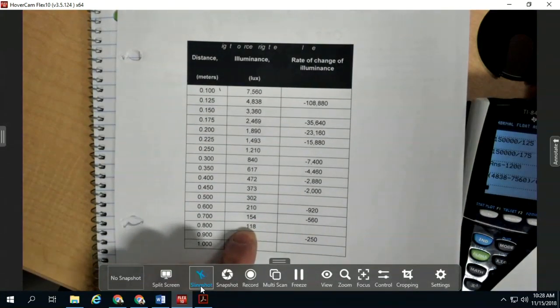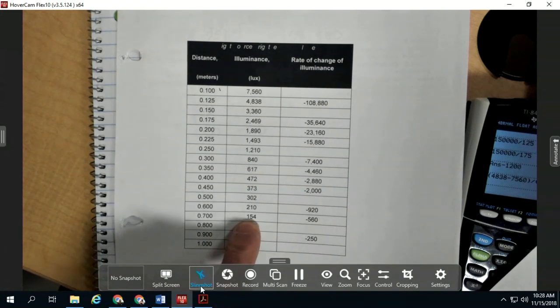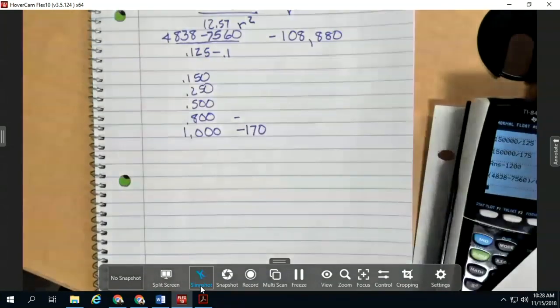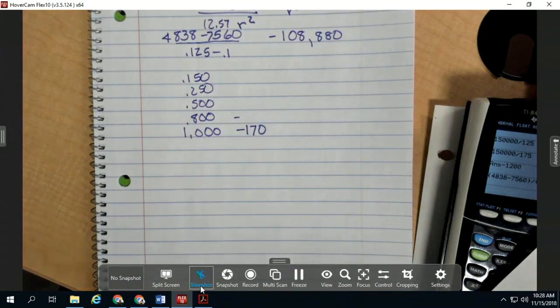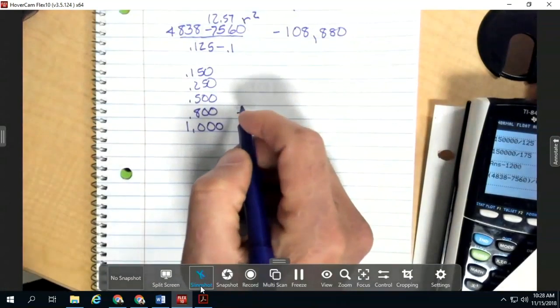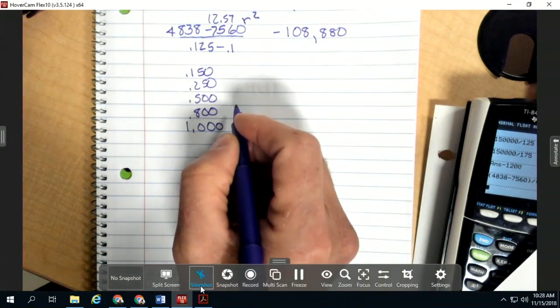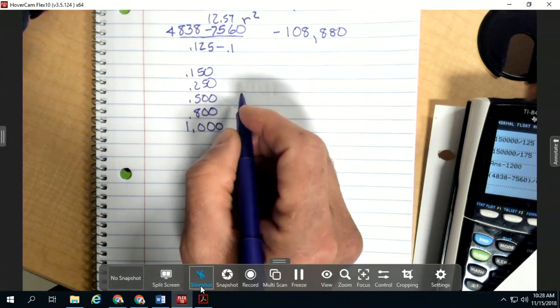You have to take this number minus this number divided by this number minus this number. Anybody else? Negative 59,120. Which one was that for? The 0.15.